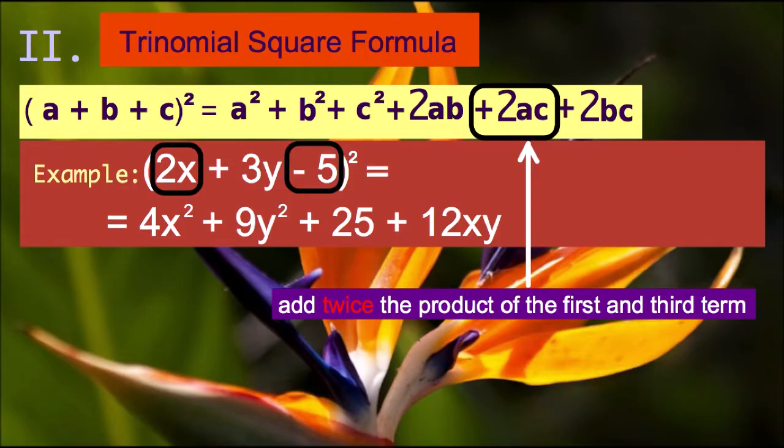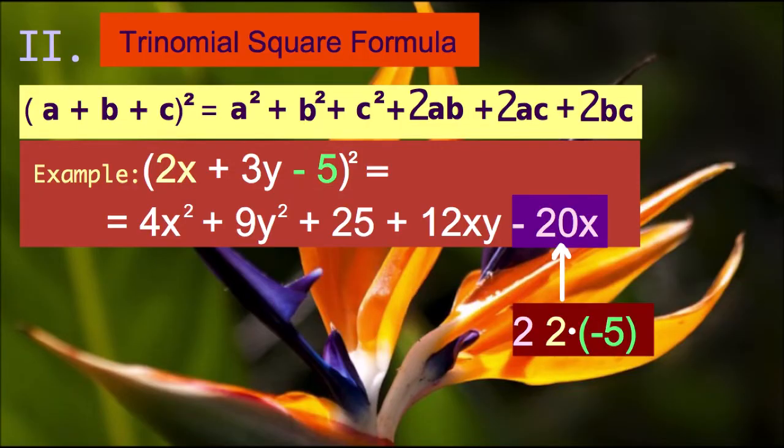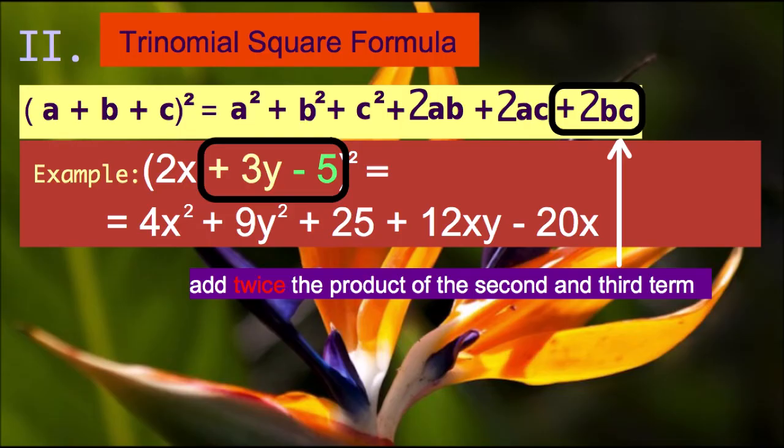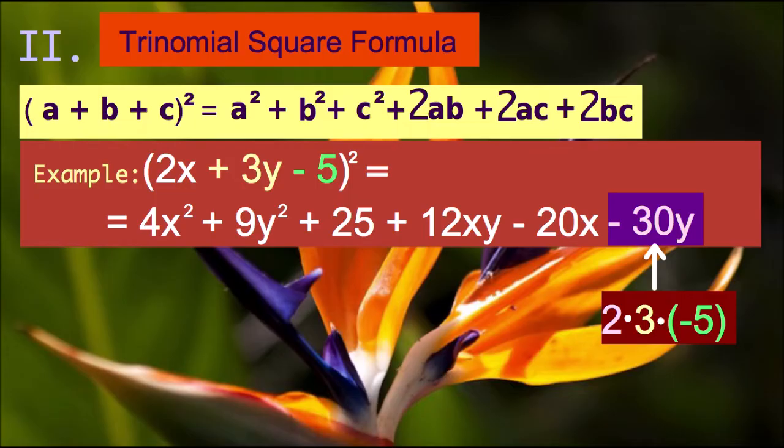Then we add twice the product of the first and third terms, 2 times 2 times negative 5, which results in negative 20x. And then we have twice the product of the second and third terms, so 2 times 3 times negative 5, which is negative 30y.